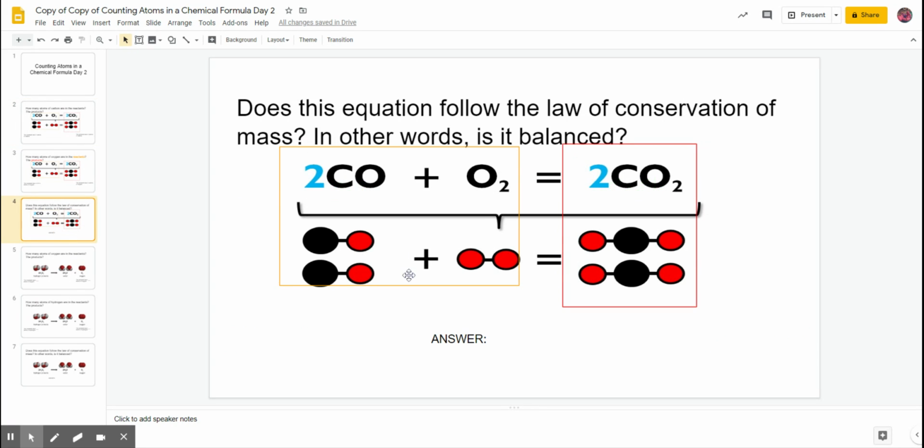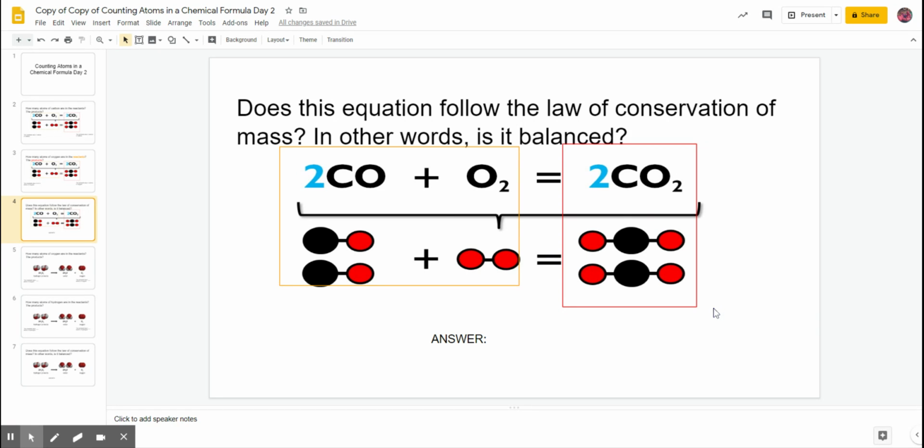On the reactants side, I've got 1, 2 black circles. On the products side, I've got 1, 2 black circles. Great, so that's balanced. What about red? I've got 1, 2, 3, 4. And on the product side, I've got 1, 2, 3, 4. So that's balanced.